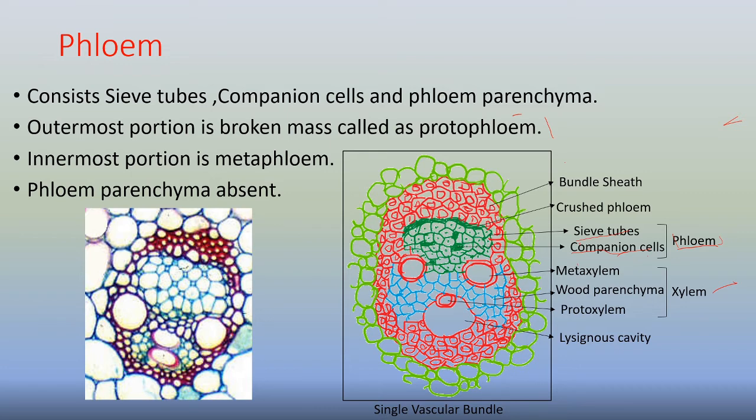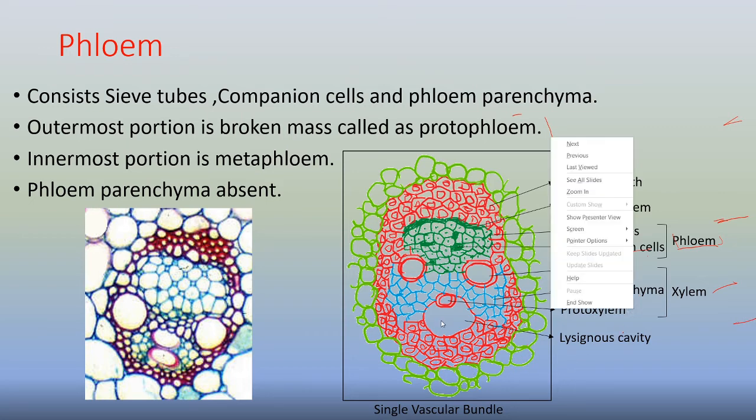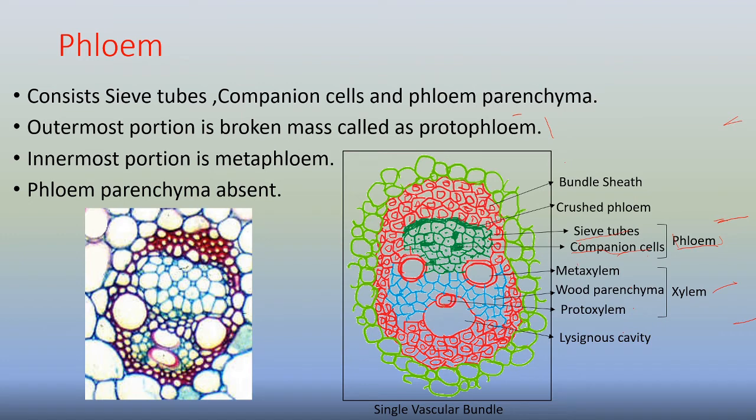In the figure of the vascular bundle, you can see xylem consisting of the metaxylem element, protoxylem element and wood parenchyma. And below the protoxylem element, there is a big cavity which is called the lysigenous cavity. So this is the important characteristic of the vascular bundles seen in the monocot stem.